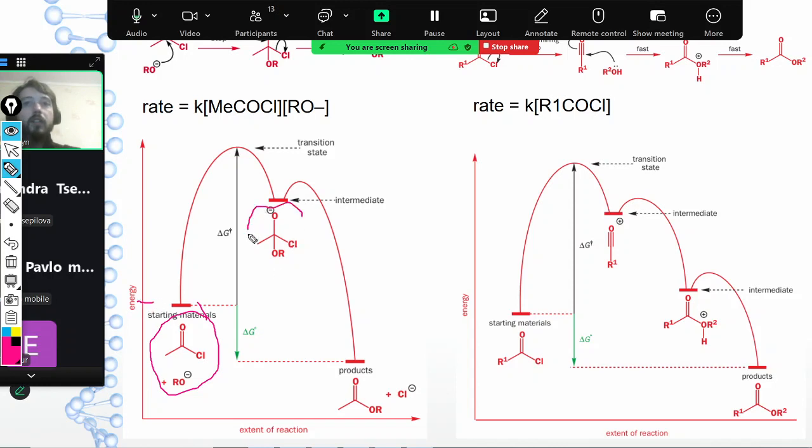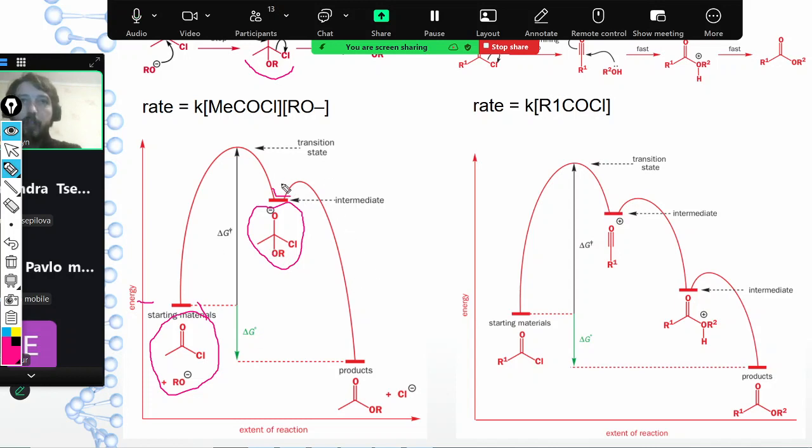Here is our intermediate. So remember, a transition state is some sort of local peak. So if anything changes, you go down. An intermediate is a local minimum. So you see, this is a local minimum. This tetrahedral intermediate may even exist for long enough that we can detect it. Well, not in all cases, but in some cases we can detect that sort of intermediate.